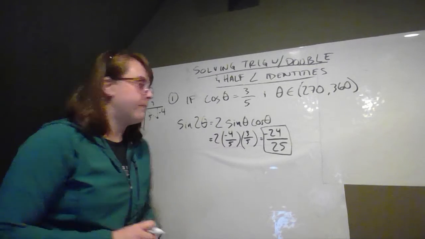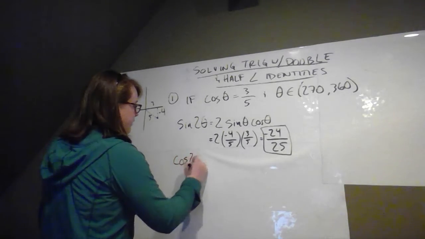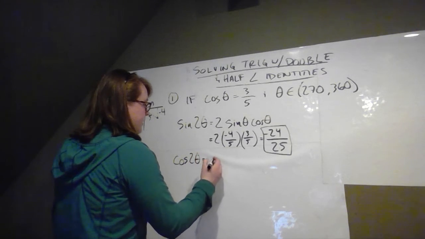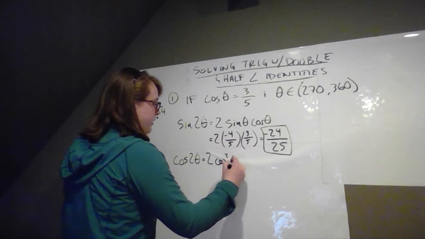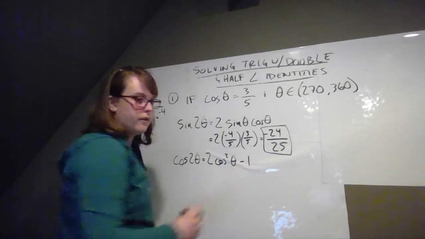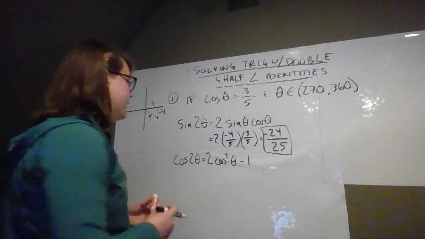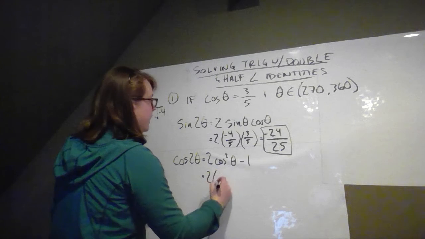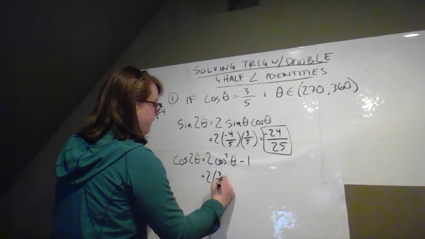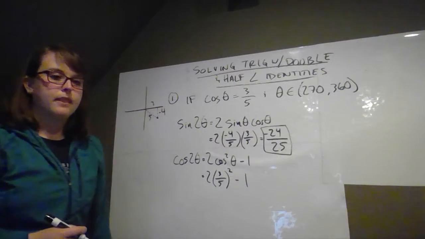In fact, I think I will. So we know cosine of 2 theta is equal to 2 cosine squared theta minus 1. So now all I have to do is plug in my cosine right here to get 2 times 3/5 squared minus 1.